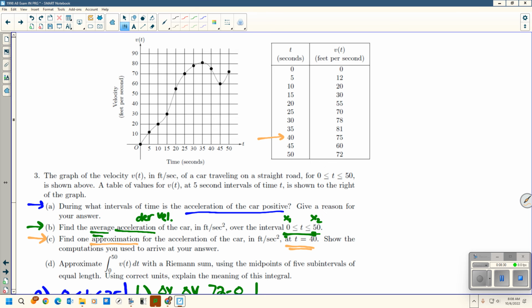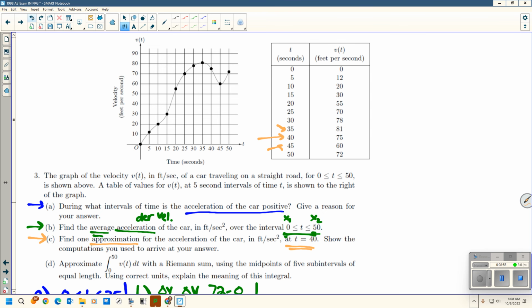I'm going to take 2 of the closest points and do a change in y over change in x. So I can use 35 and 45 and sandwich them and hope that they are close enough to give me an approximation of what would happen right at 40. Or I can use 35 and 40.